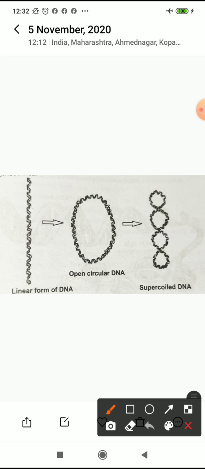In this figure we can see the linear form of DNA, then its circular form, and here coiling and supercoiling of the DNA thread.